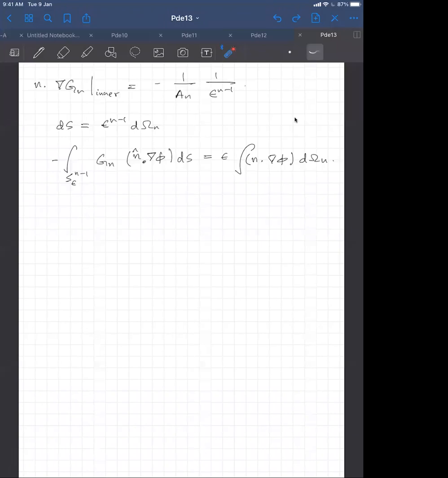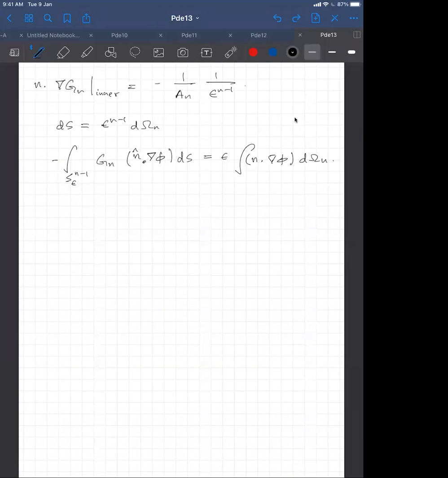Since phi is regular at y by assumption, and the value of the remaining integral is bounded, we can look at this. So let's just get to the last term then.